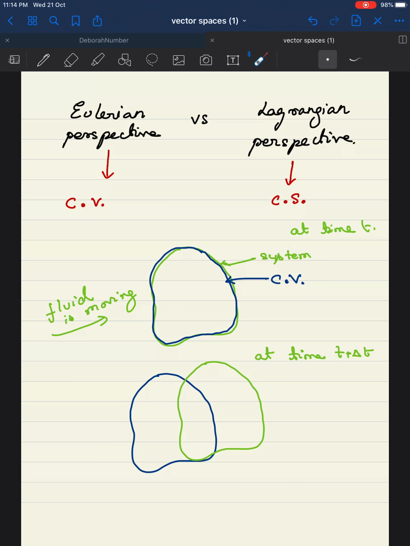Now let us say that there is a transportable property B. Okay, let B be a transportable property.